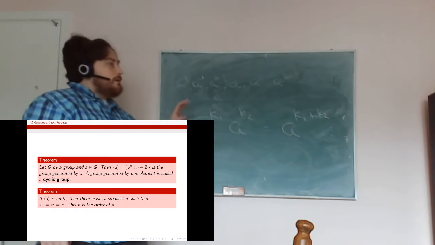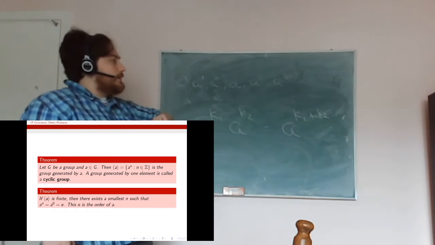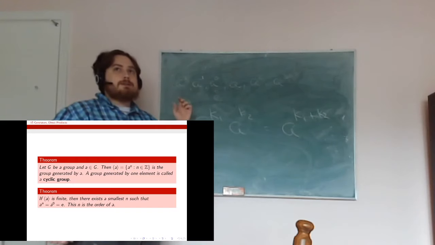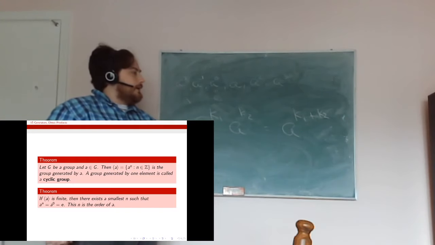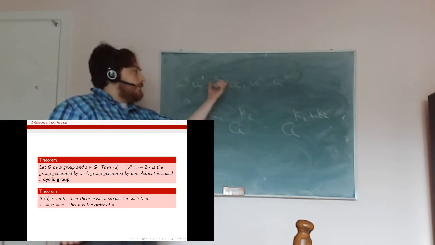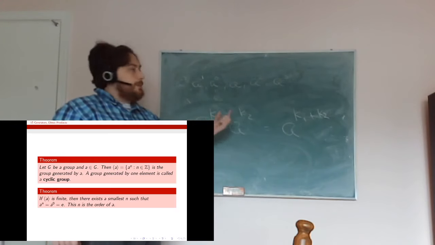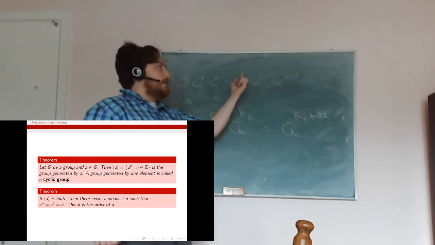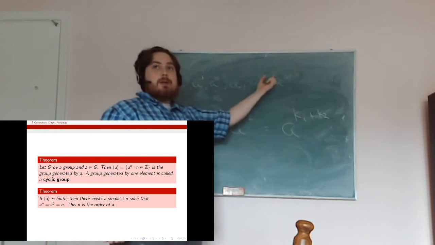Now, if, in fact, each one of these is distinct, then I will have infinitely many elements in the group generated by a. And in particular, this is going to be a lot like the integers, because if I take a to the 1 times a to the 1, that's really just 1 plus 1 is 2, or a squared.